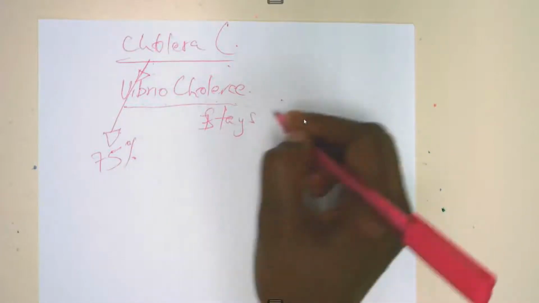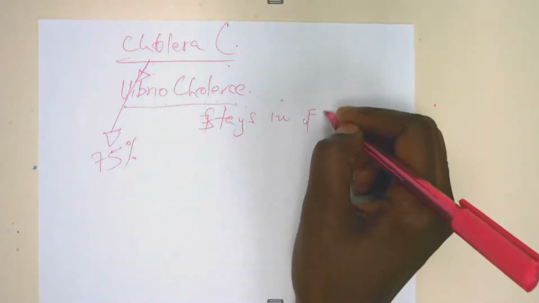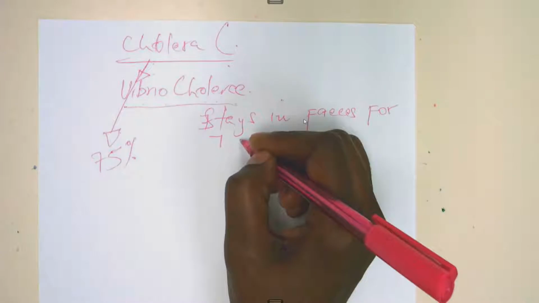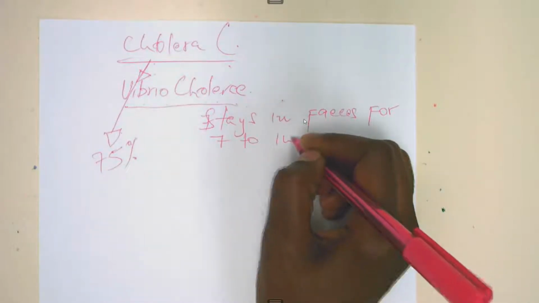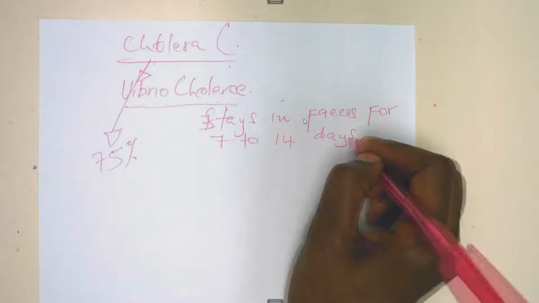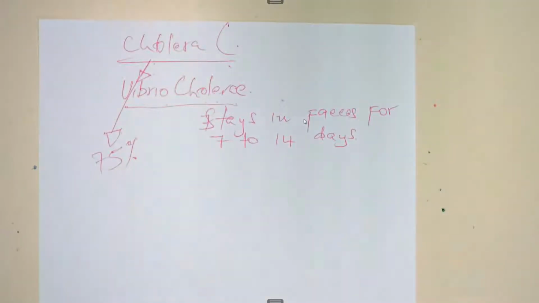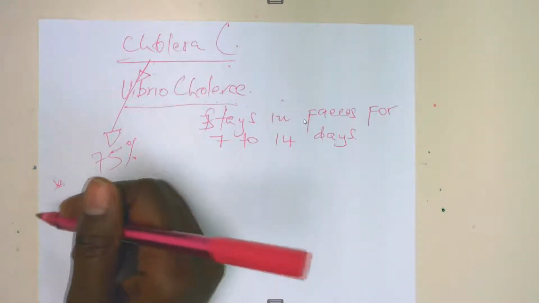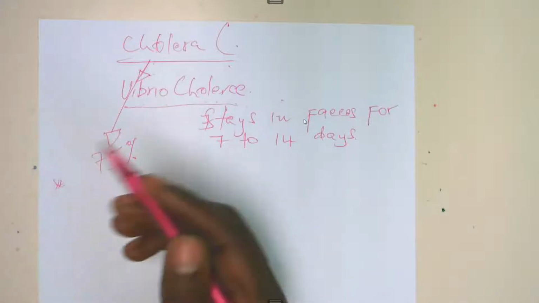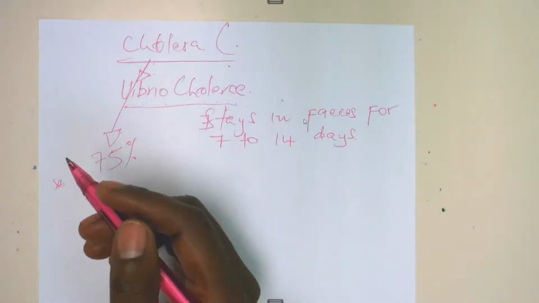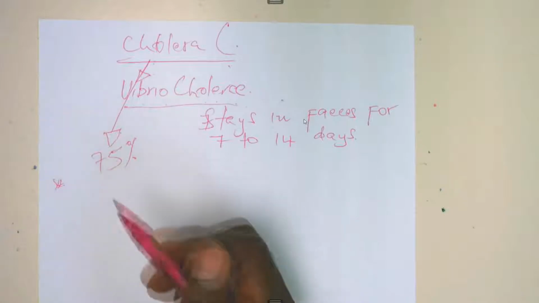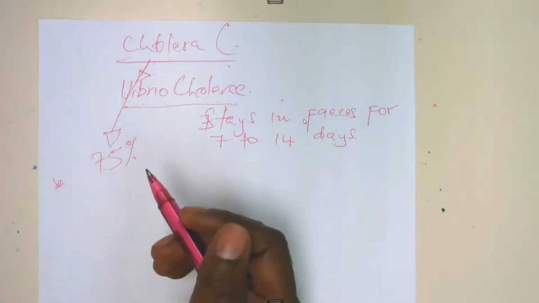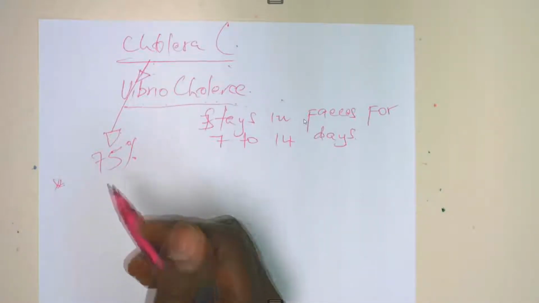So if an infected person does not wash their hands thoroughly and after that they touch food, this bacteria may infect other people.